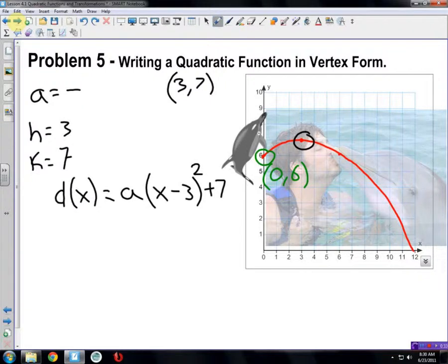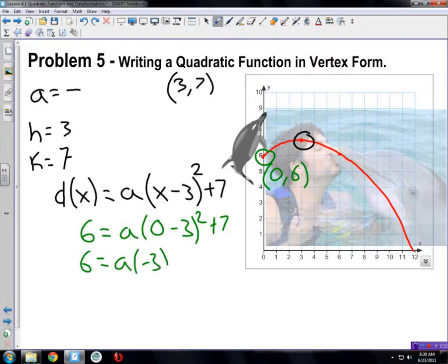If I plug in 6 for my y value, then I have a times 0 minus 3 squared plus 7. 0 minus 3 is negative 3, squared is 9, so I get 6 is equal to 9a plus 7.